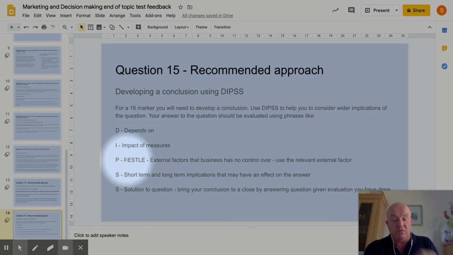PESTLE is the next one for P, so remember that's different forms of external factor. Just to remind you, P is political, E is economic, S is social, T is technological, L is legal, and E is environmental. So these are the external factors that the business has no control over. You don't have to use all of those.